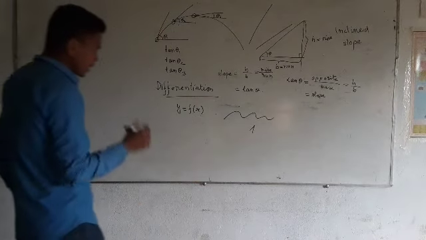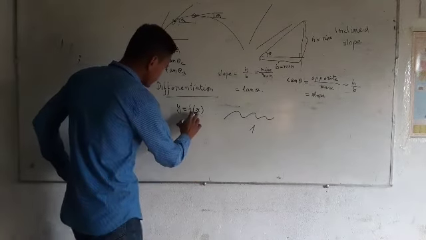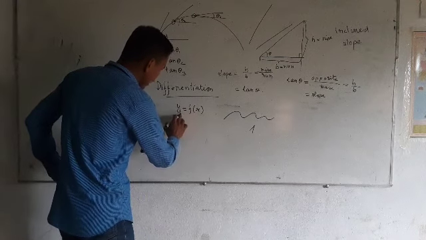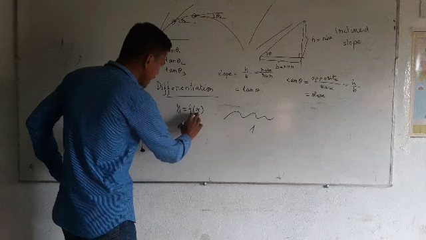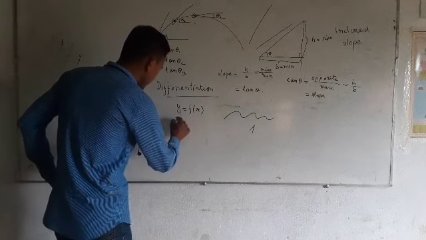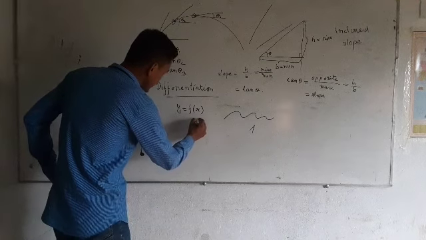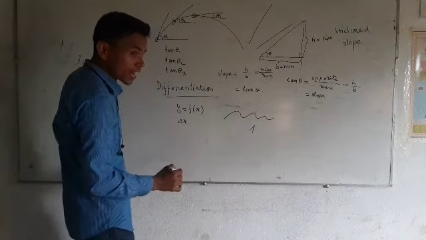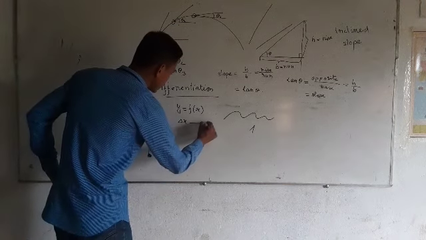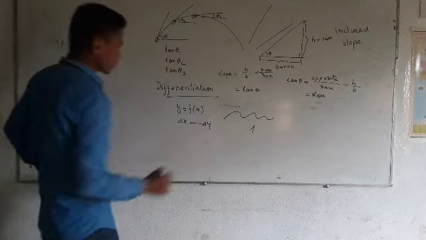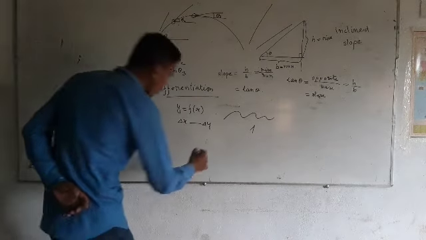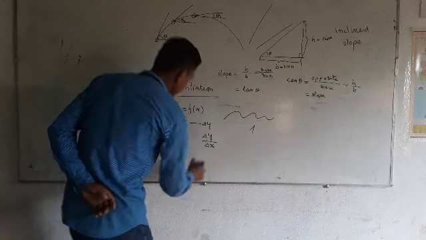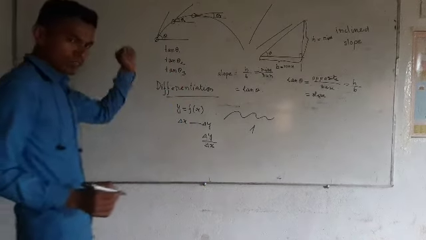And as the value of y changes with the change in the value of x, if I take a change in x denoted by delta x, there will be a change in the value of y denoted by delta y. Now divide the value of delta y by delta x. Till now this is not differentiation.